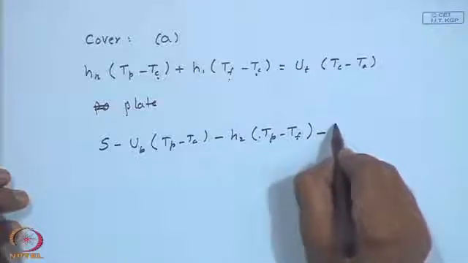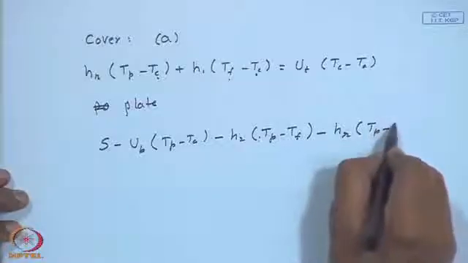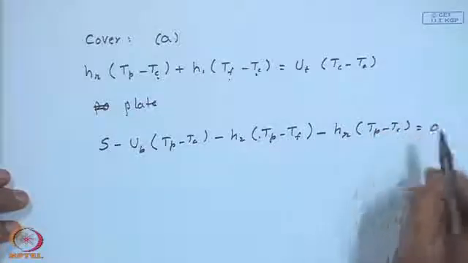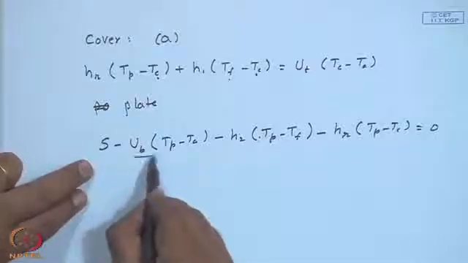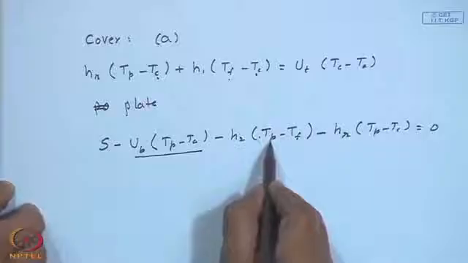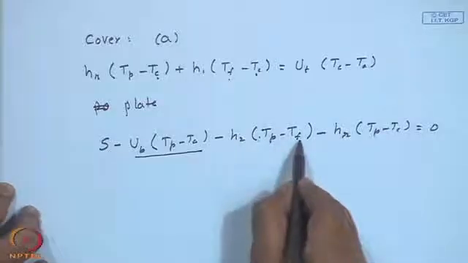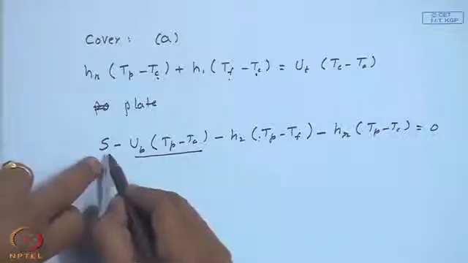Tp minus Tc should be equal to 0. So, this is the absorbed energy, out of which bottom loss is going this much, and this is from the plate Tp to the fluid is received. So, this is gone out of the incoming, this is actually the useful energy gain minus the radiative loss from Tp to Tc.